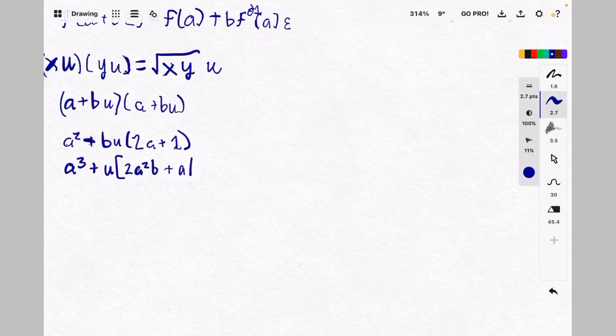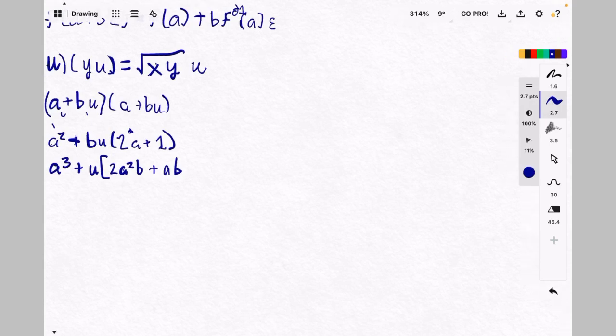Thank you. Being a lefty is not helping me out right now. Plus, okay, so that is this times this. Now we want to do this times this, which is just another a squared b.